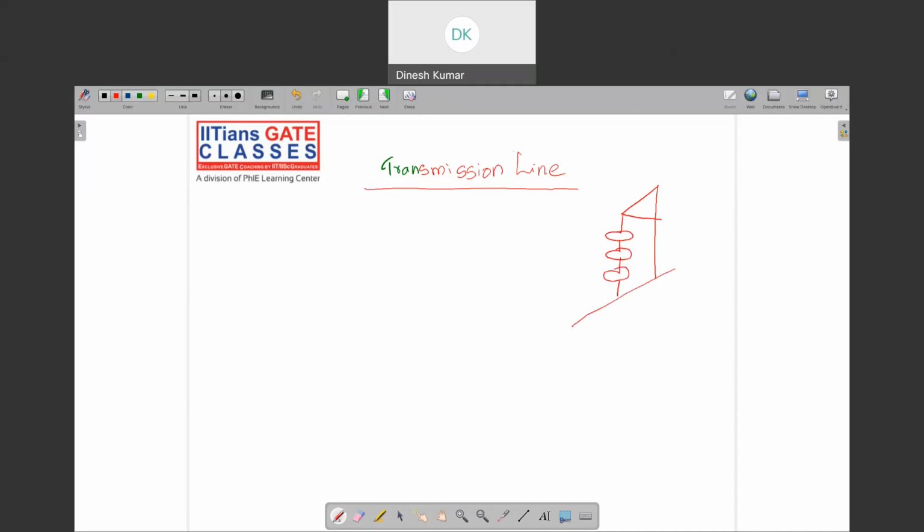And this will be the transmission line, and this tower will be in the ground. The ground basically means a conducting connection, right? So the ground will be reaching here. This is the nearest grounded point, and this will be the transmission line.